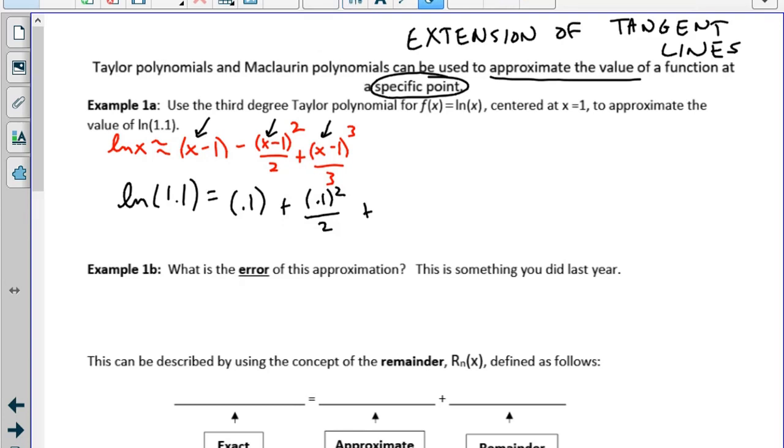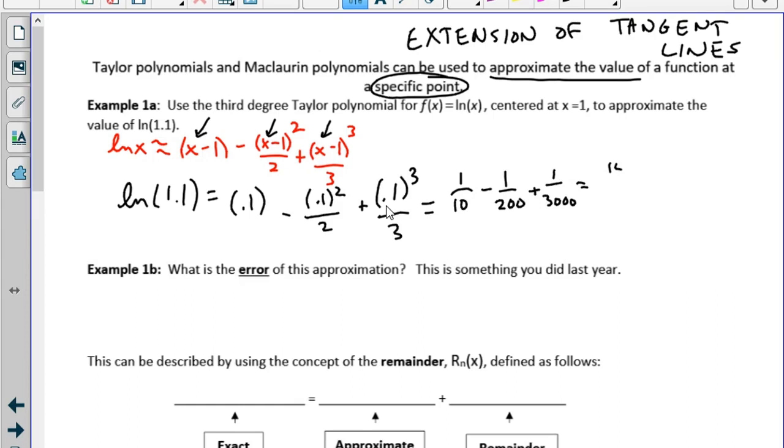I'm sorry, minus 0.1 squared over 2 plus 0.1 cubed over 3. And that ends up equaling 1/10 minus 1/200th plus 1/3000th, which is equal to 143 over 1500. And no, I do not know that off the top of my head.